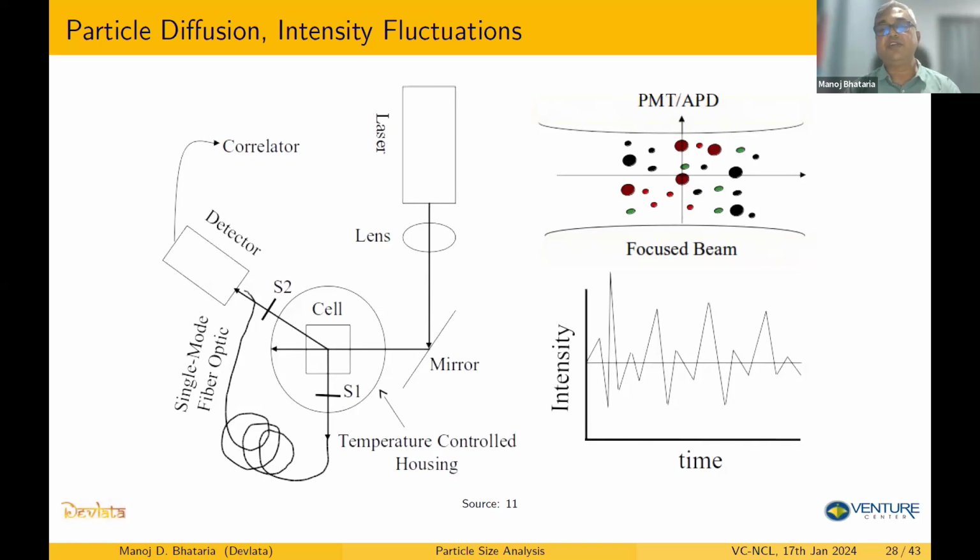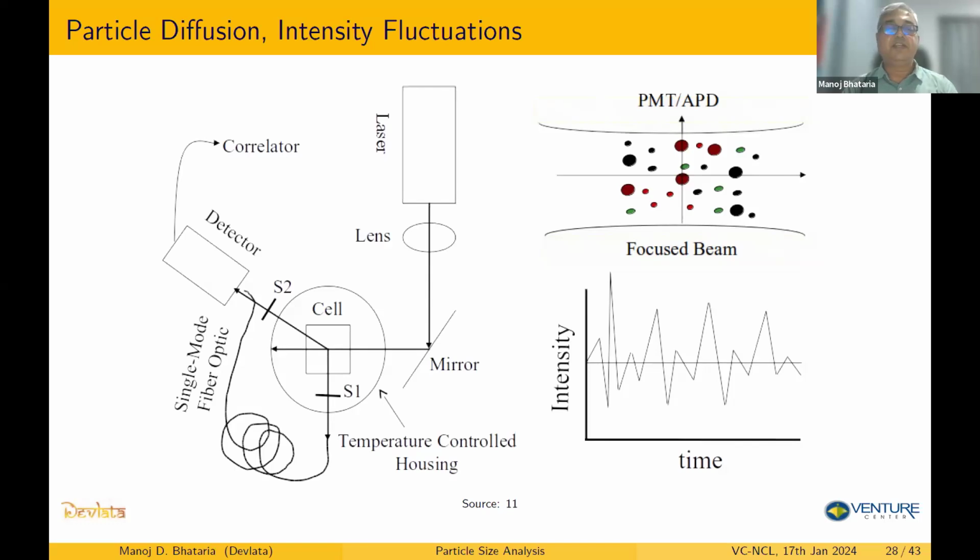You see on the top right side, you have a focused beam, and then the light beam passes through the sample cell and the particles which are suspended. These particles scatter light, and this scattered light reaches your detector. In this case, your detector is either a PMT or an APD. PMT is a photomultiplier tube. APD is an avalanche photodiode.